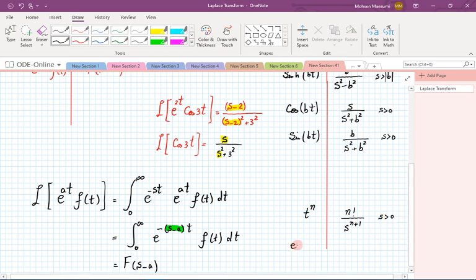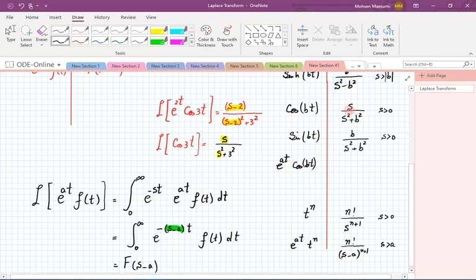Now you can say that if I have exponential of at times t to the power of n, I'll have n factorial, and I'll have s minus a to the power of n plus 1. And previously s had to be positive, now s minus a has to be positive, which means s has to be larger than a. While we are at it, let me write the similar formulas for these two, because we see them quite often, so we might as well allocate some space for it in our table.